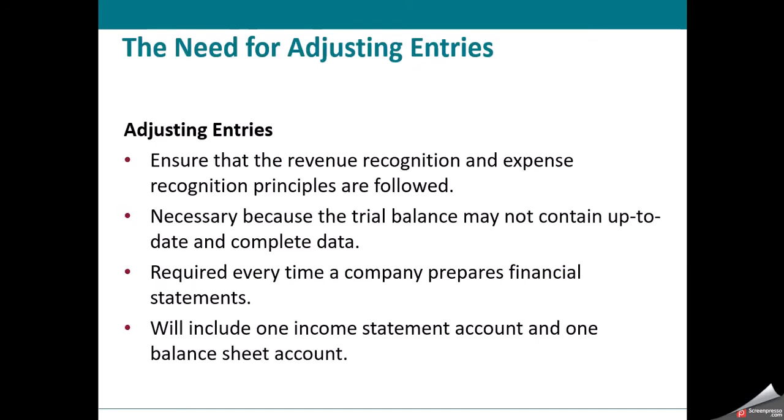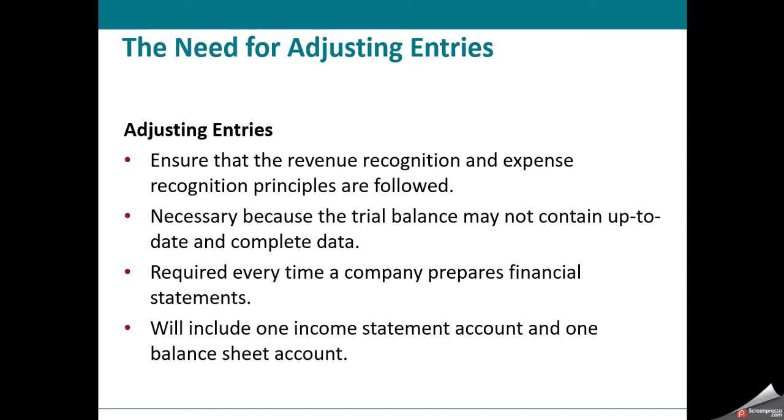We have adjusting entries that are needed at the end of each accounting cycle, or each interim period, and those are to ensure that those revenues are recognized when they're supposed to be, and the expenses are recorded when they're actually incurred. And it's necessary because, again, we want our trial balance to be as up to date and accurate as possible.